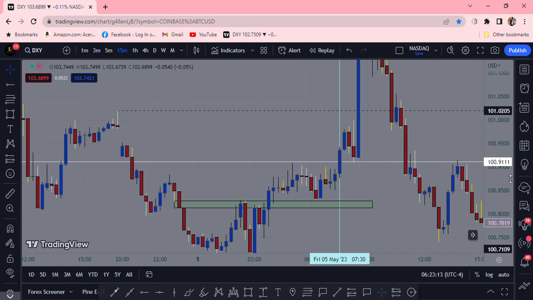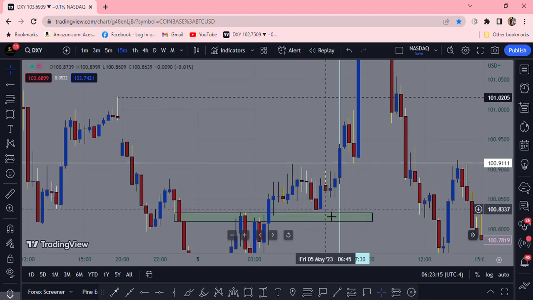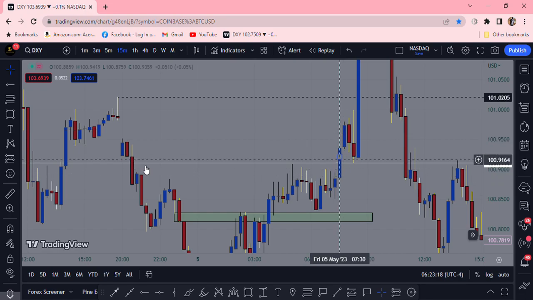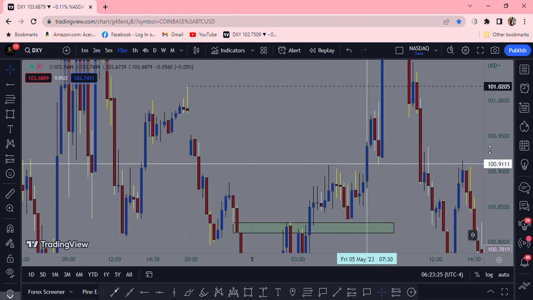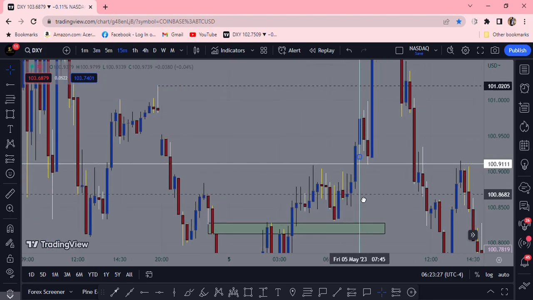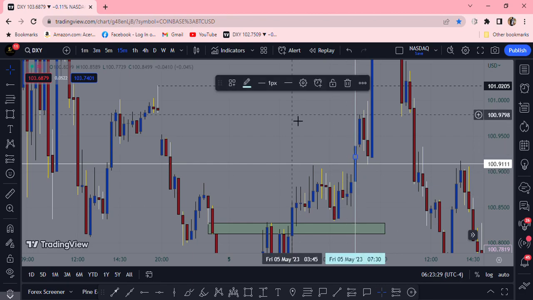As you can see, when we retraced back to our bullish breaker, we shot up, creating an imbalance. This is our daily resistance, and we created a huge imbalance here. By then I already knew my prediction for the dollar was bullish.